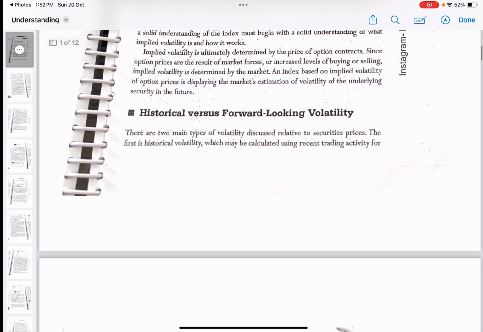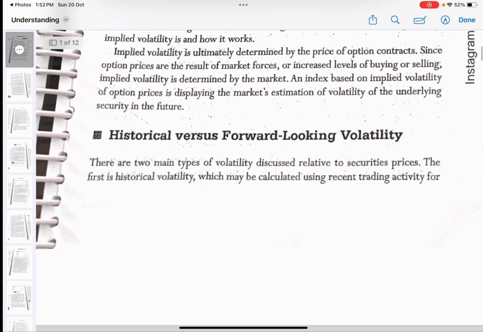Okay, so first let's talk about what exactly IV is. IV is ultimately determined by the price of options contracts. Option prices are the result of market forces, supply and demand, or increased levels of buying and selling. What determines the price of an option, or a stock, or anything in general, is always the market forces. And the market forces are basically demand and supply, also known as buying pressure and selling pressure.